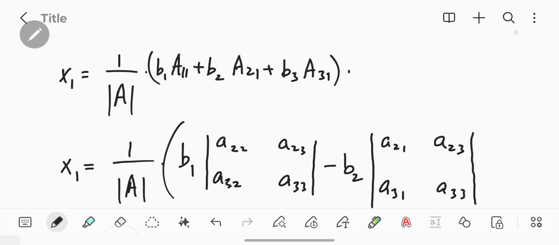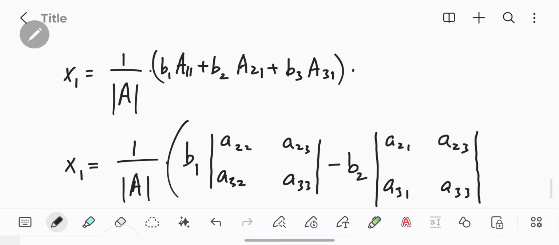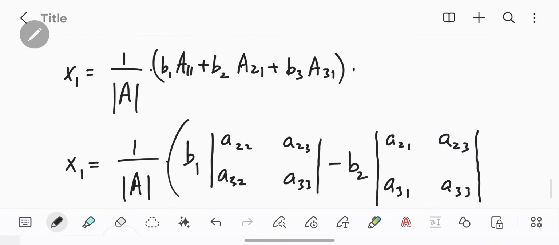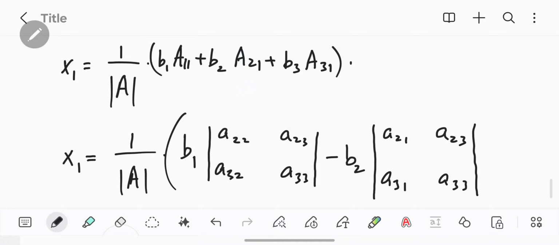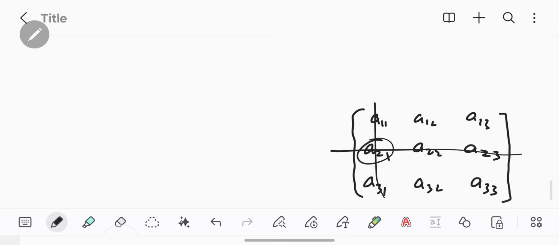I'm so sorry about that. This is not correct. A21 means the cofactor determined by the element in the second row and the first column. So the element in the second row and the first column was this one. Okay. So I will write the determinant of these numbers, right?